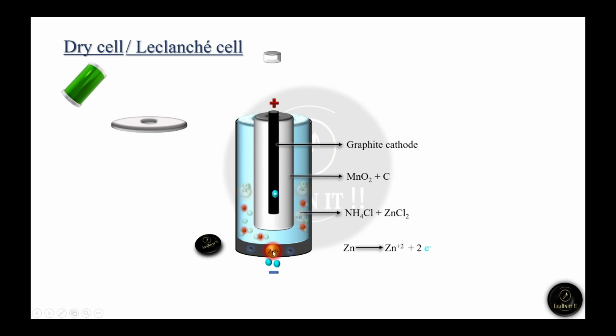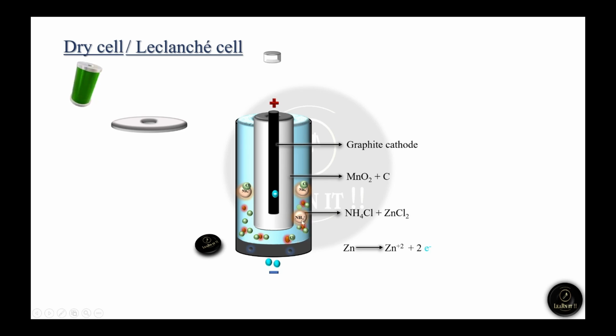The formed Zn2+ ion enters into the inside layer made up of ammonium chloride and zinc chloride. So this Zn2+ ion grabs the Cl- ions from ammonium chloride. It may take another Cl- from another ammonium chloride molecule.